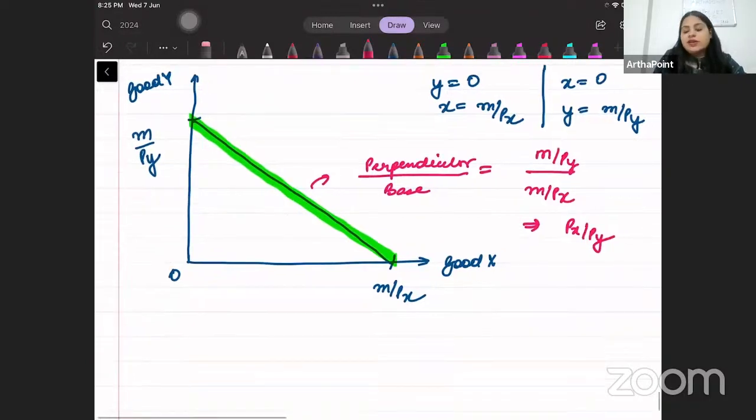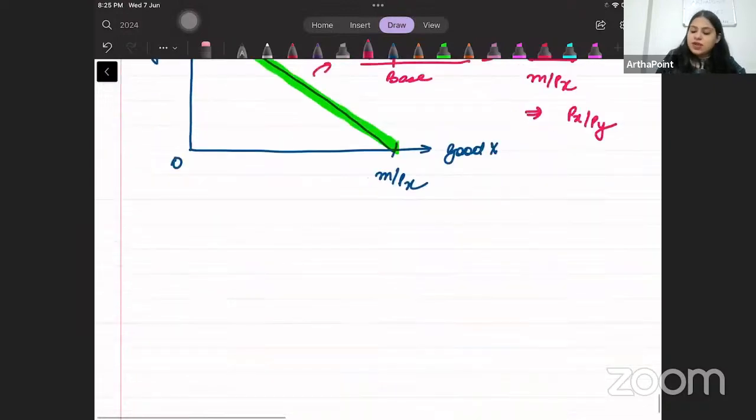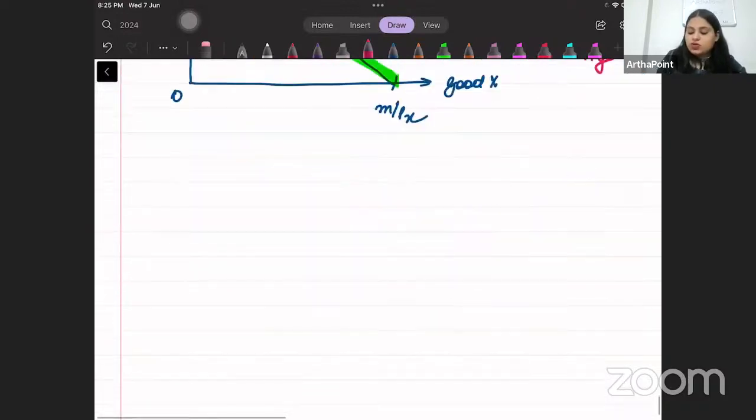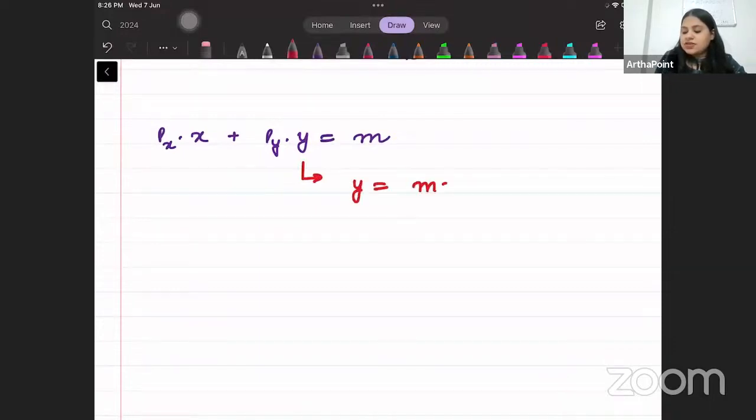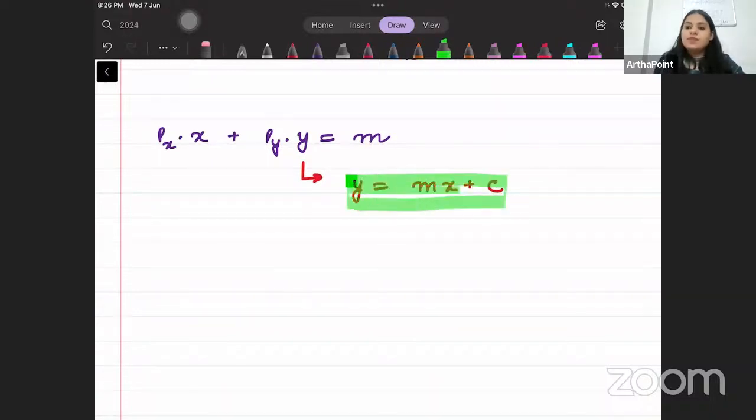Another way to find the slope of the line is when you do px into x plus py into y is equal to m, and you write this in the format of y is equal to mx plus c. Whatever comes with x is the slope of the line.